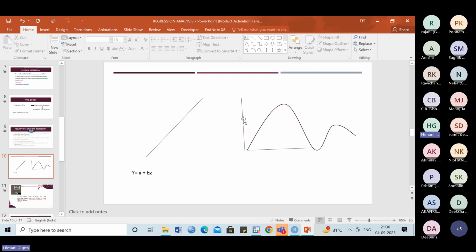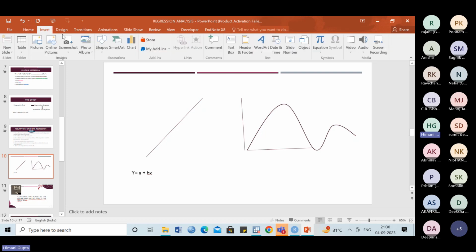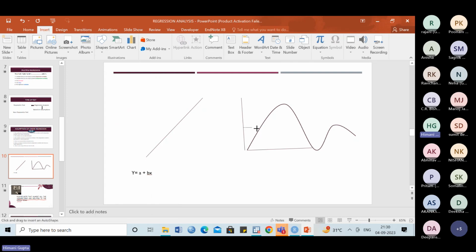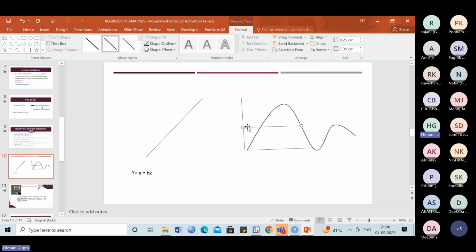Now if you will see, if I draw a simple straight line over here, let's say this is your government revenue, and the government is earning 10,000. So the government is earning 10,000 when the tax rate is, let's say, 20%, and over here let's say the tax rate is 80%.